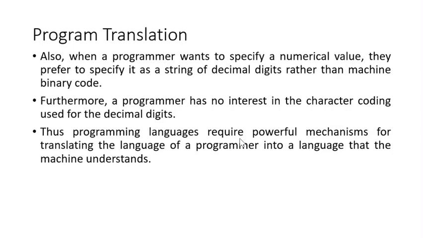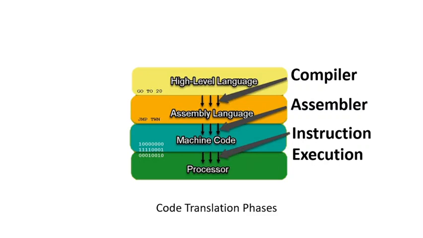Thus, programming languages require a powerful mechanism for translating the languages given by the programmer into a language that the machine can understand. So basically, we need to translate the languages we write in our programs to machine code, because computers can only understand binary. And so, this is the basis of code translation.